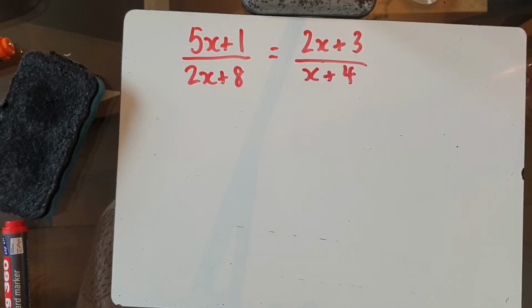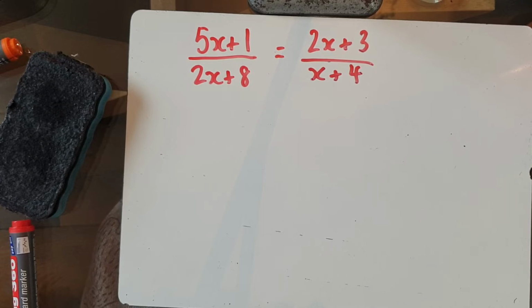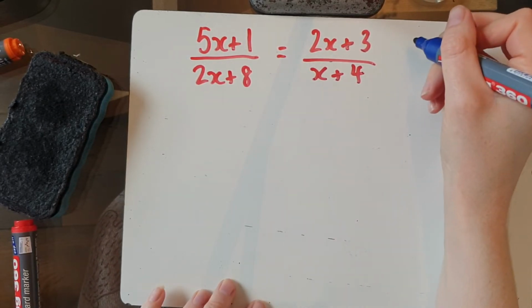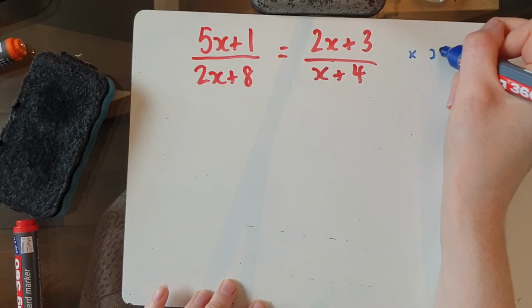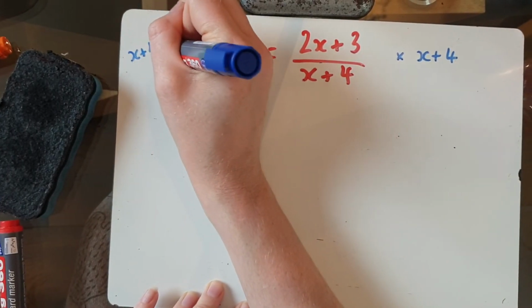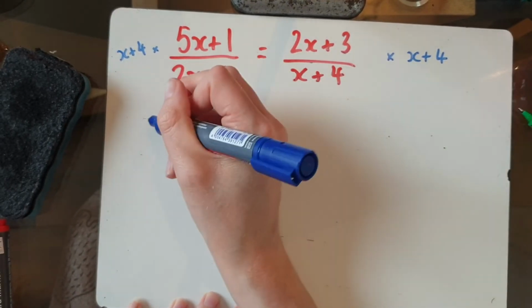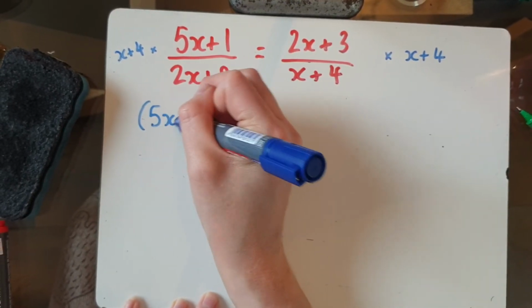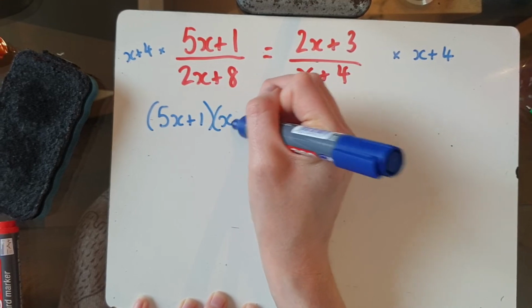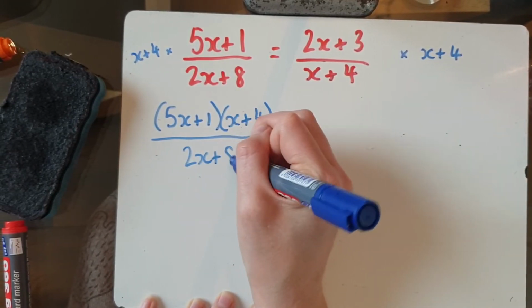So this is the algebraic fraction equation we want to solve. And to solve this, I'm going to start by timesing both sides by x plus 4. So I've done the same to both sides, and if I do that, on this side I'll have 5x plus 1 times x plus 4 over 2x plus 8.